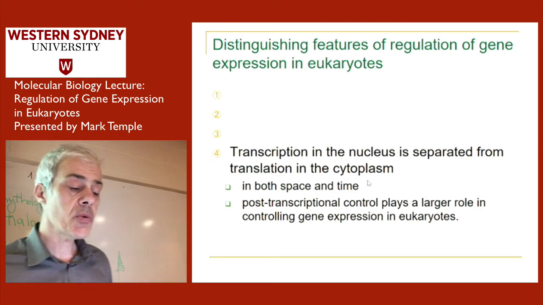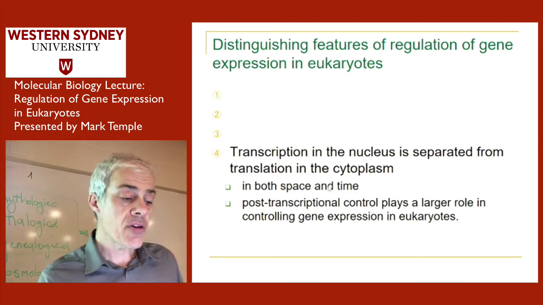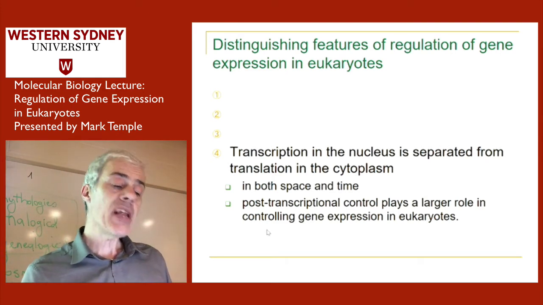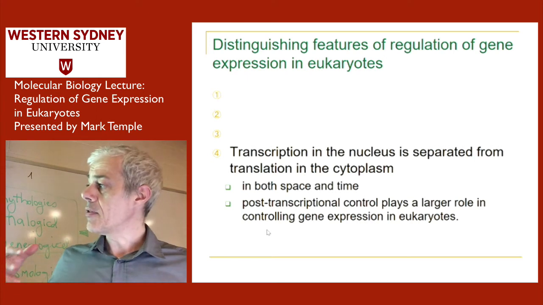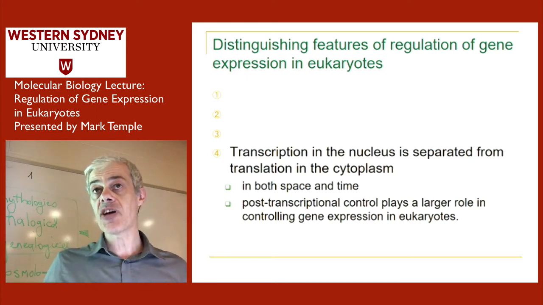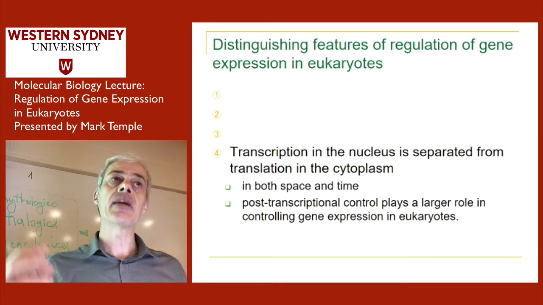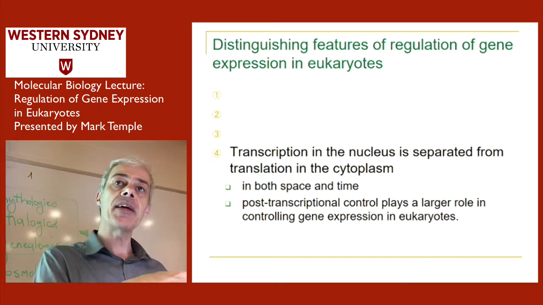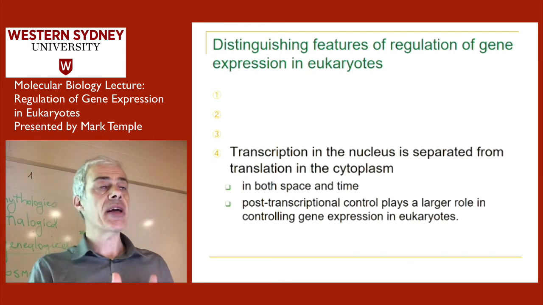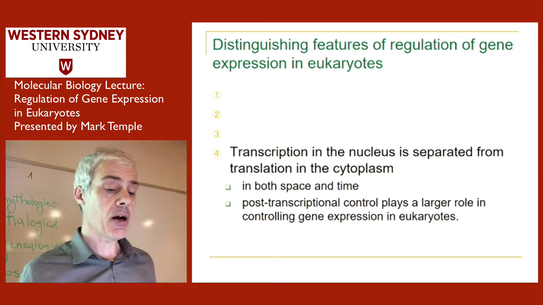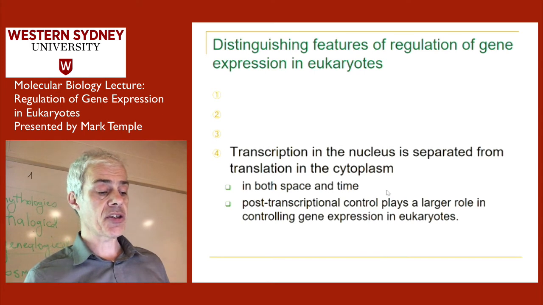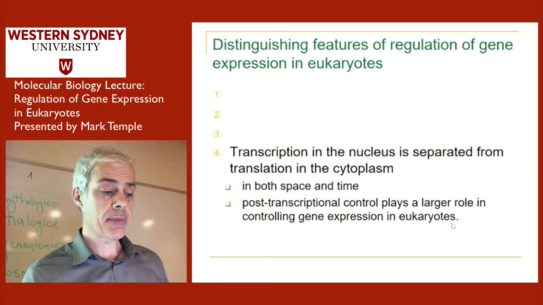I guess what this means is that there are many more opportunities to regulate the process of gene expression in eukaryotes because of this separation. If something is happening at a later time in a later place, then there are different regulatory mechanisms you can put in place to regulate the expression. But we're not going to talk too much about those today.